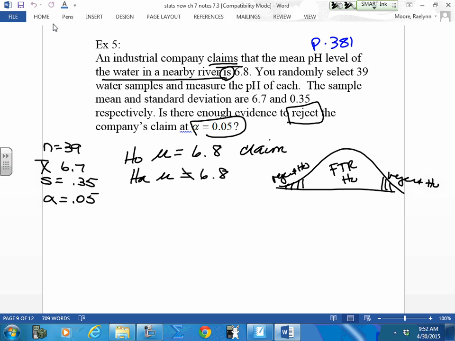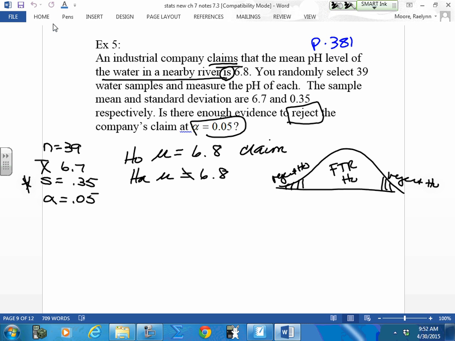Now, because this is a t-score, we can't find a p-value unless we use your calculator. So we're going to go through using your rejection region, and then put it on the calculator to test your p-value. Because we do not know the population standard deviation, we use a t-test instead of a z-test.